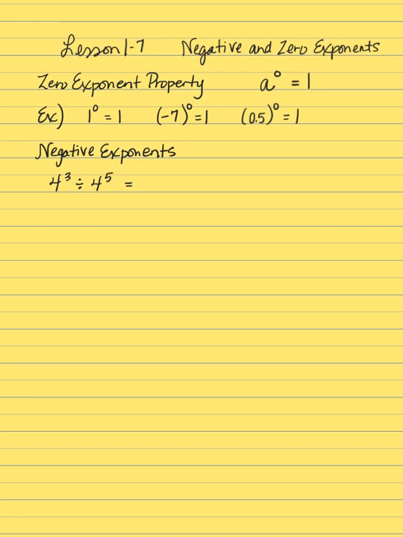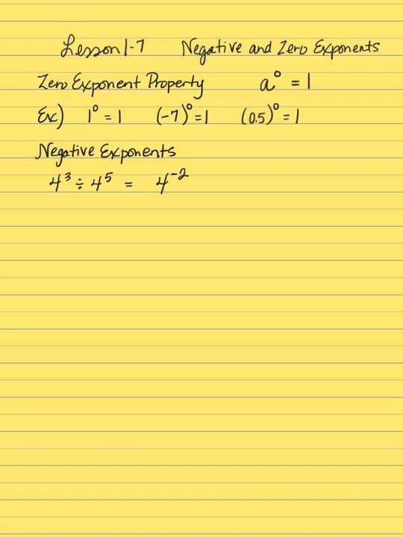Well, we learned in the last lesson that when you divide powers that have the same base, you keep the base, 4, and you subtract exponents. And you have to subtract left to right. So in this case, 3 minus 5 is negative 2. So there are occasions when you get an exponent that turns out negative.